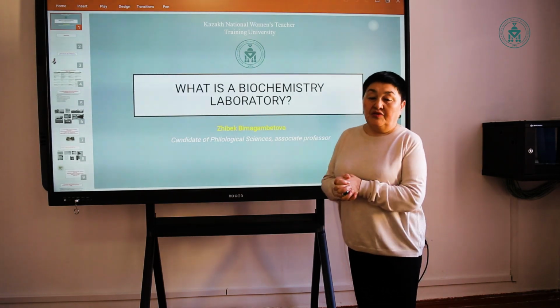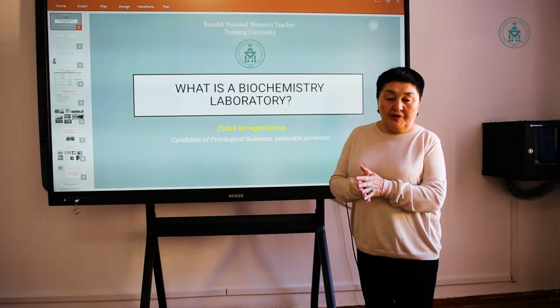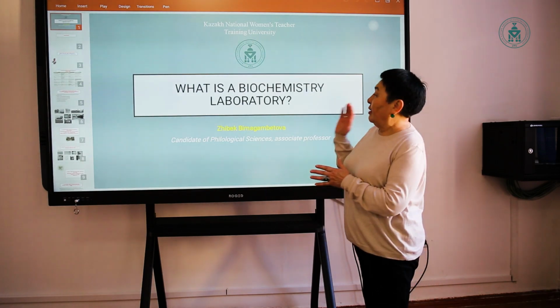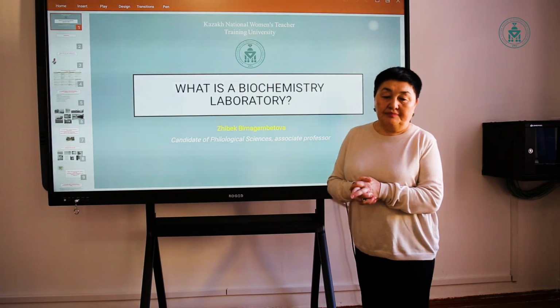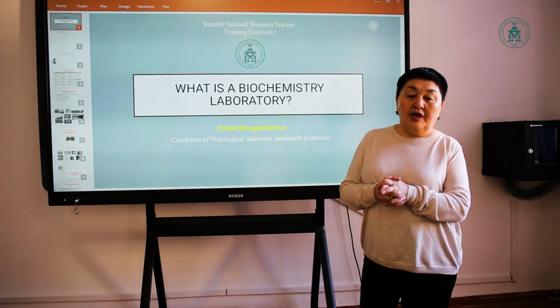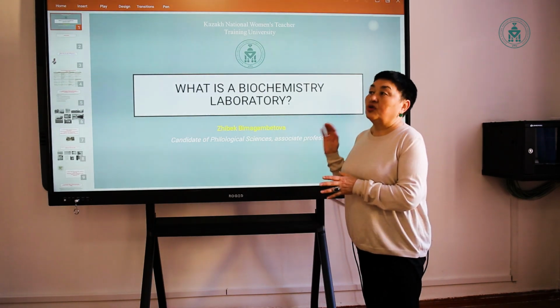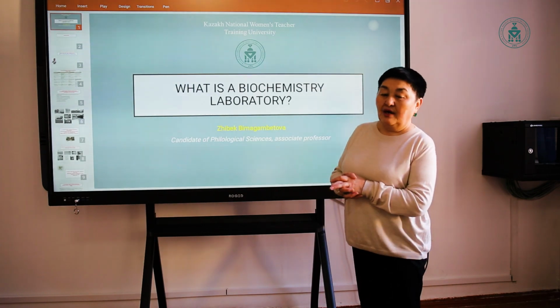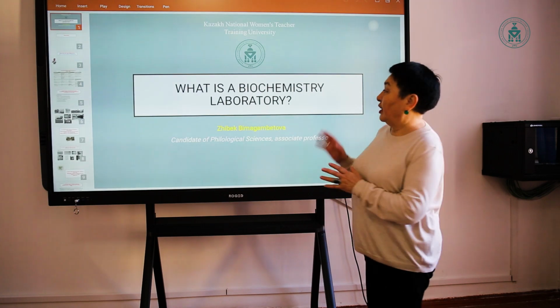As for the purposes, the first purpose is to define the components of a biochemistry laboratory, to highlight its role in studying different processes within living organisms.